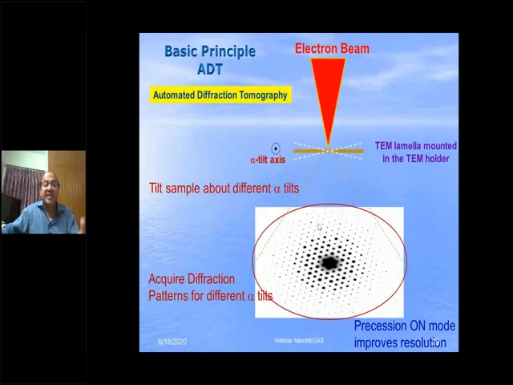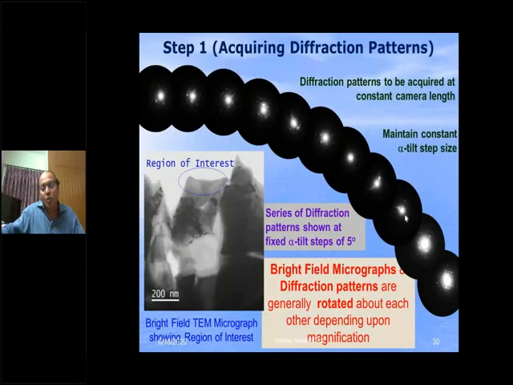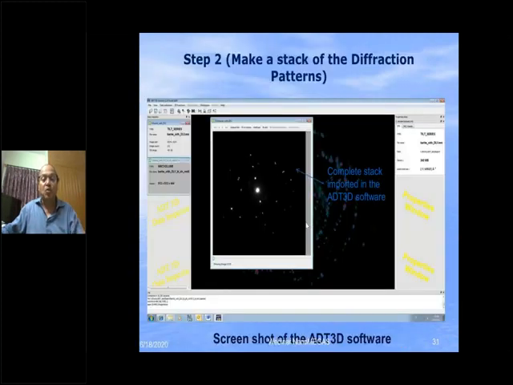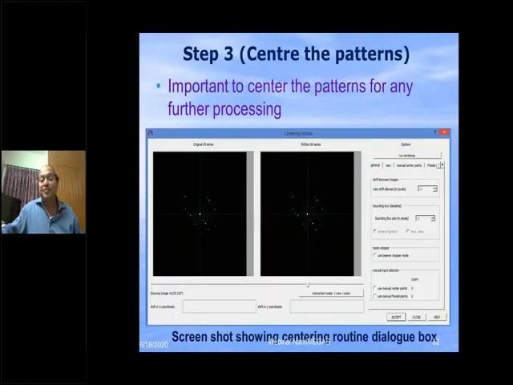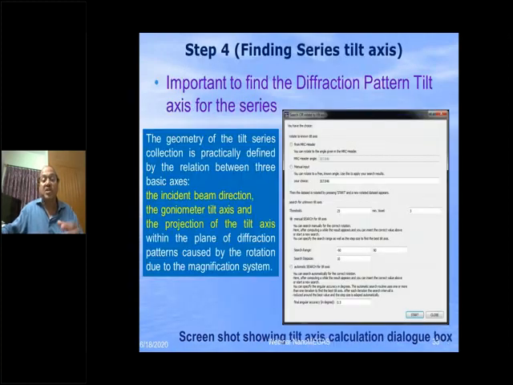So we start investigating using the electron beam, with automated diffraction tomography. We started using the tilt and capturing many images. As I told you, if you rotate, you'll get all the images, and slowly we feed this information into the software, and we also feed in the required parameters, what the crystal structure can be.